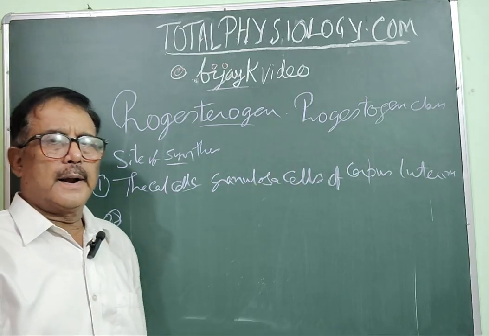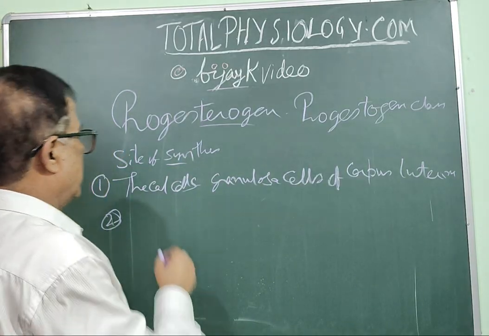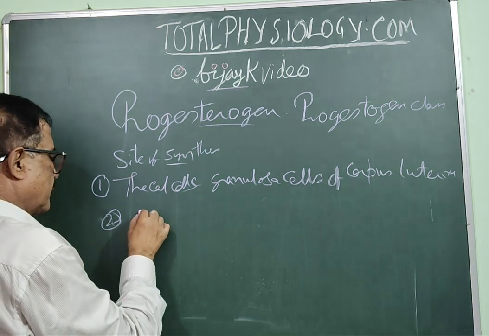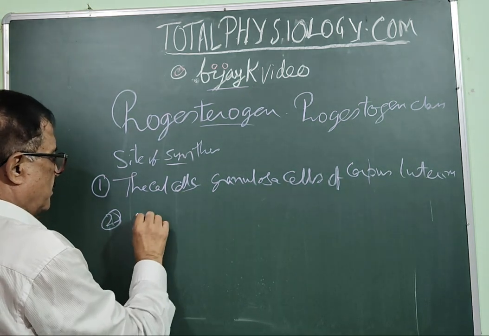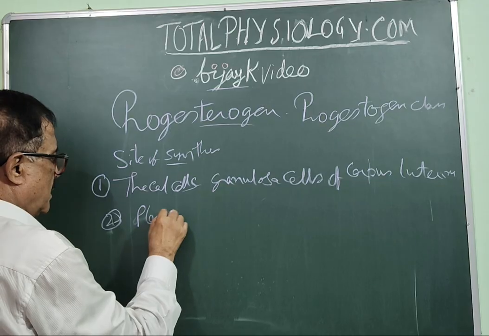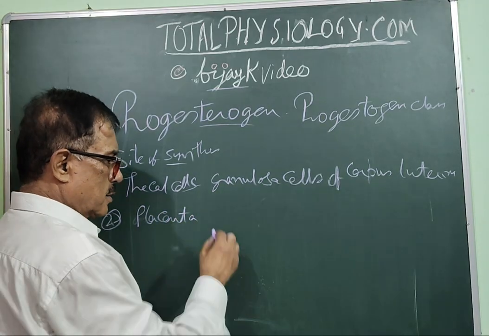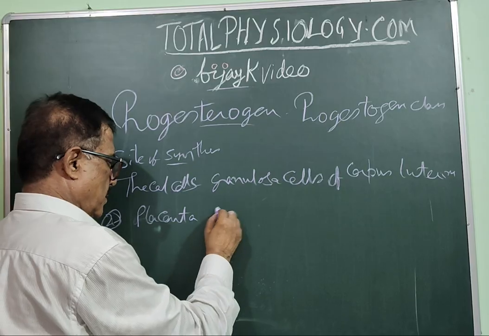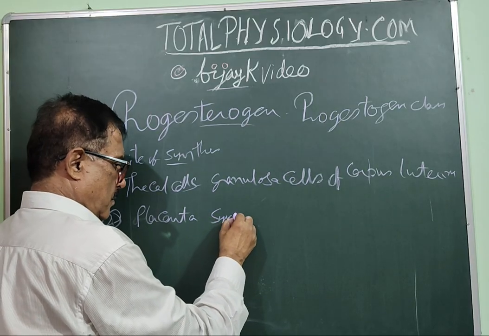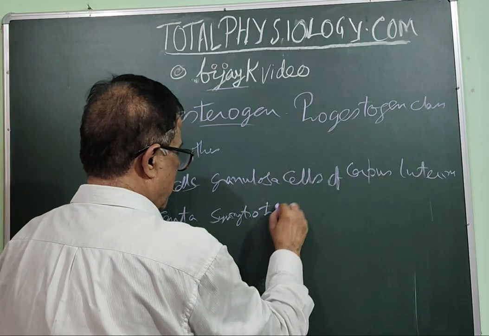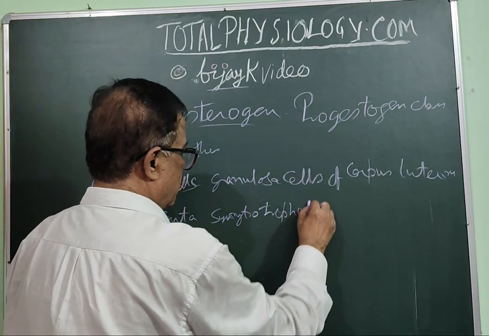When a lady conceives, then it is secreted from the placenta. Which part? Syncytiotrophoblast.